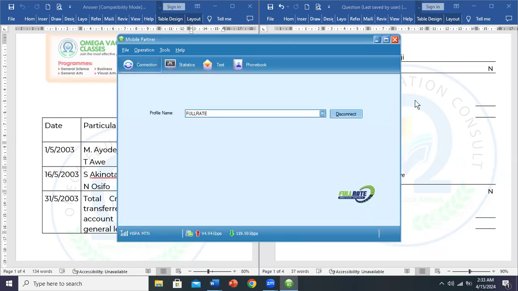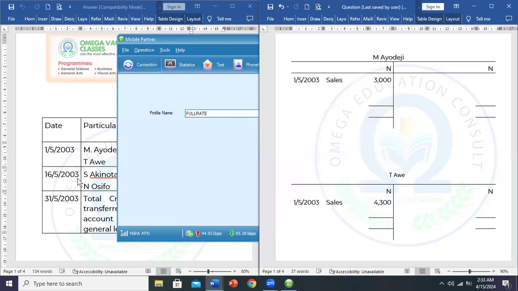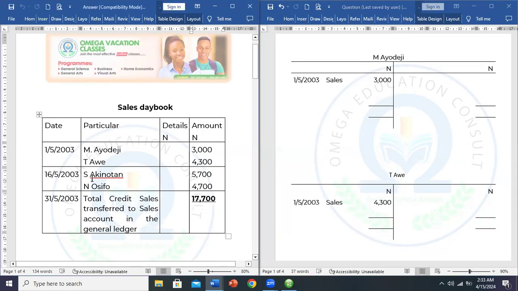Yes, all the entries in the sales daybook. If you pick each entry for each debtor, you debit the debtor, because when you sell goods to somebody, you debit the person, right? And you credit your sales account. So we have debited these customers who are debtors.